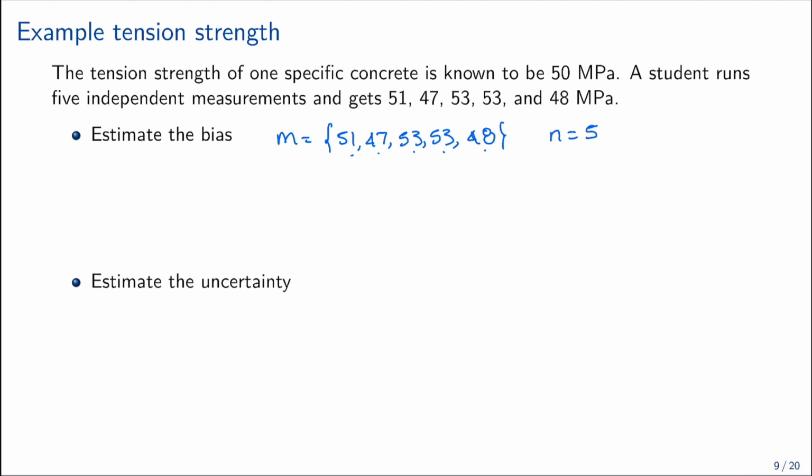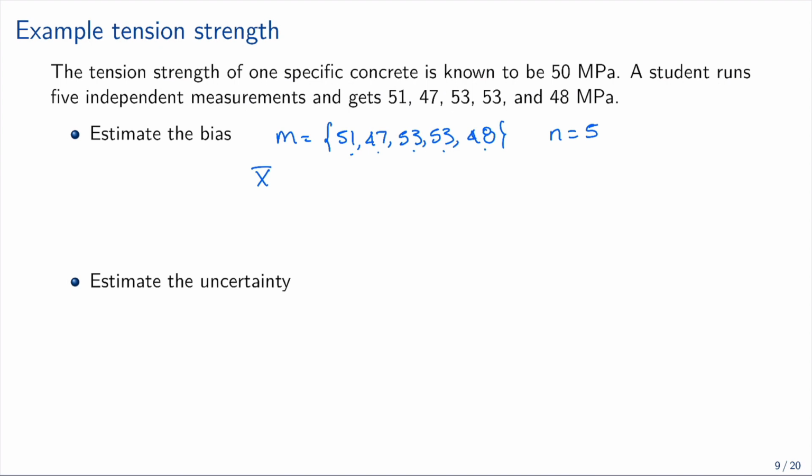First of all, we need to compute the mean. So the mean is equal to 51 plus 47 plus 53 plus 53 plus 48 divided by 5, and that's equal to 252 divided by 5, and that's equal to 50.4. So that's the mean of the measurements.